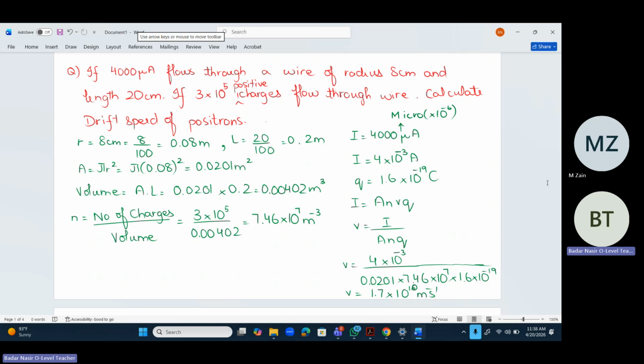Okay, so this is how we calculate the drift speed using this formula.